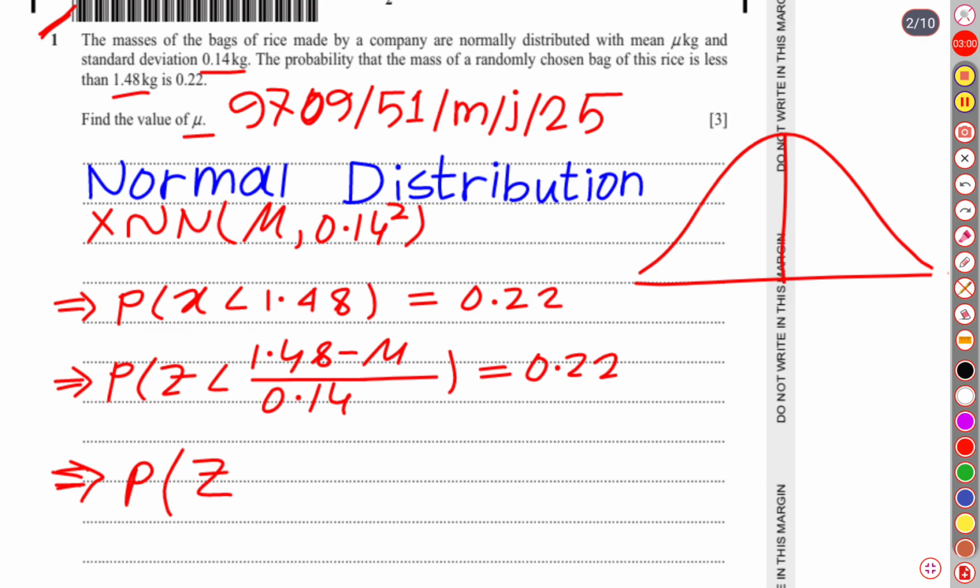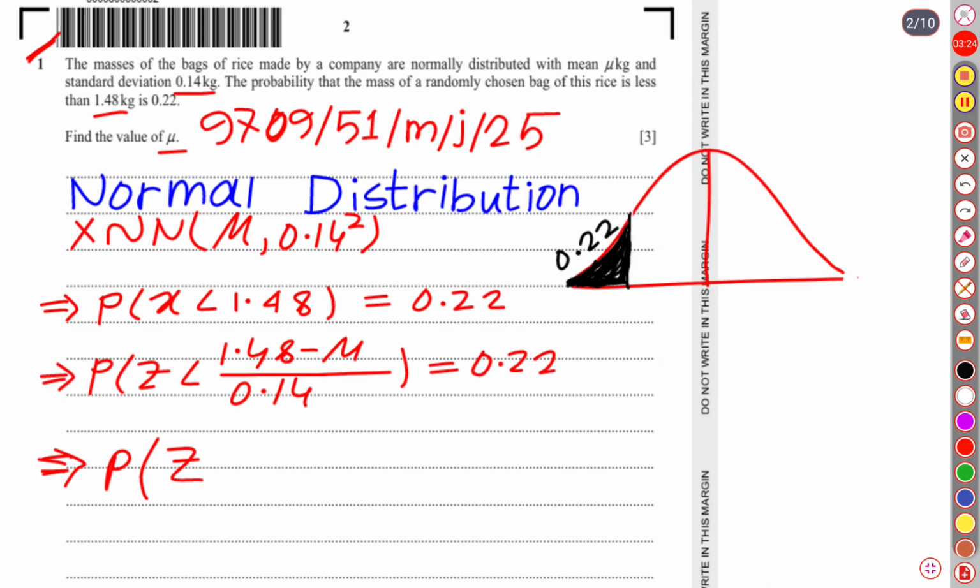Let it be over here, a very tiny part. This portion is 0.22.